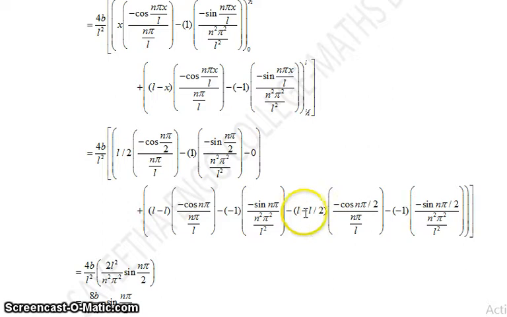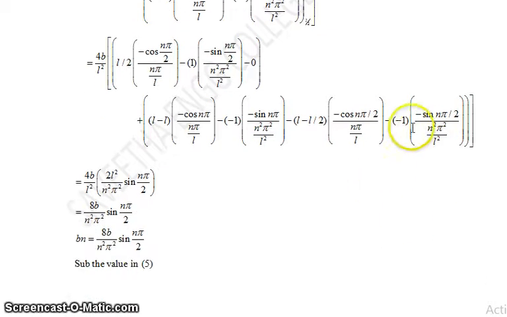Then put x equal to L by 2 as the lower limit, so minus of minus, L by 2 cos(n pi by 2) divided by n pi by L, then minus of minus is plus, again we get minus sin(n pi by 2) divided by n square pi square by L square. Here cos 90 is 0, so we cancel it.